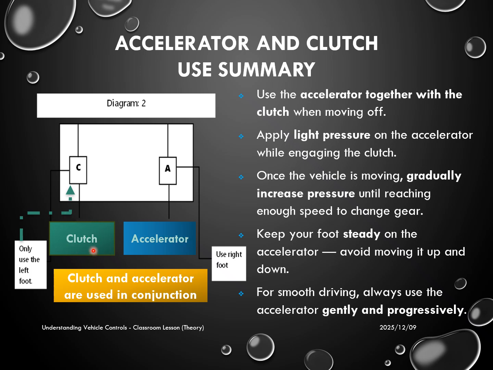Once the vehicle is moving, gradually increase pressure until reaching enough speed to change gear. Keep your foot steady on the accelerator, avoiding moving it up and down. For smooth driving, always use the accelerator gently and progressively.